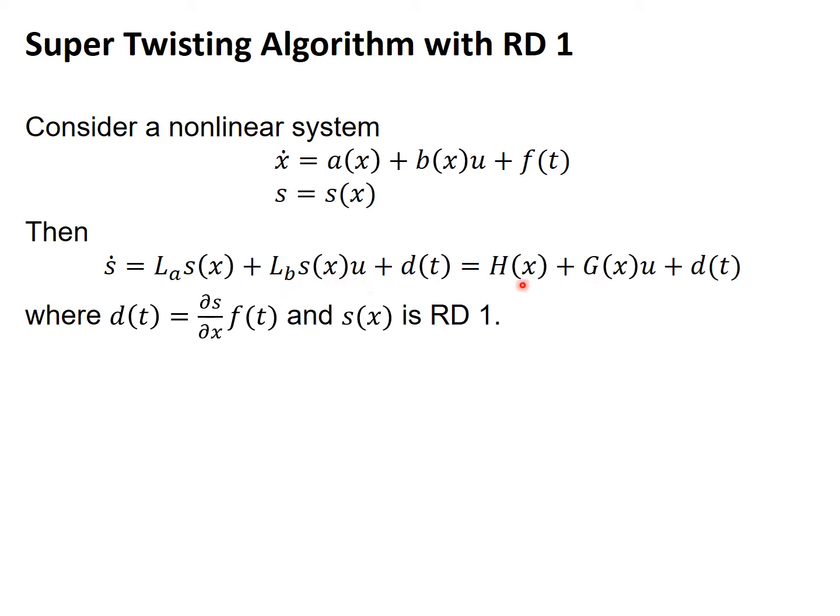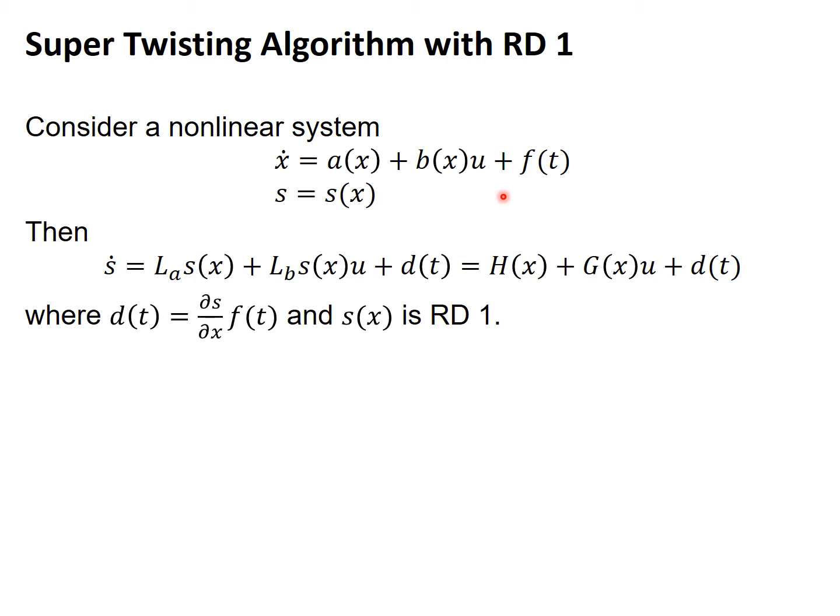So u is coming, so we represent this as capital Hx, this as capital Gx, and some dt is coming. What is dt? dt is dou s dou x of ft. You see, we have not taken into consideration any matched or unmatched criteria on the disturbance.